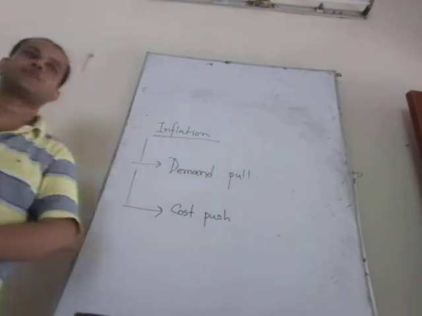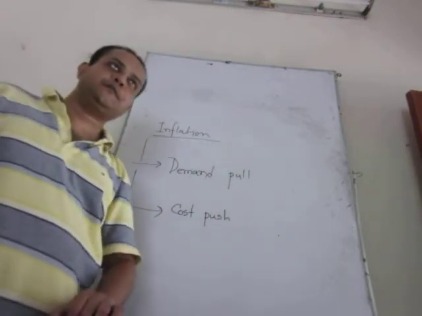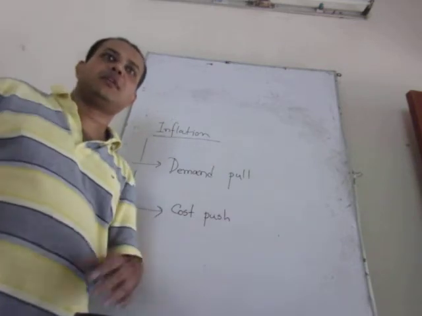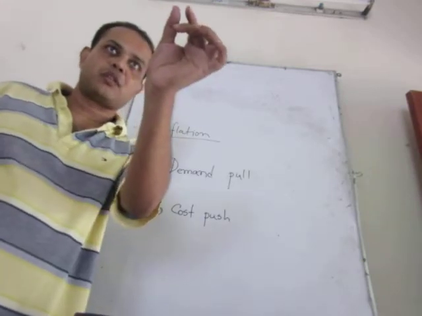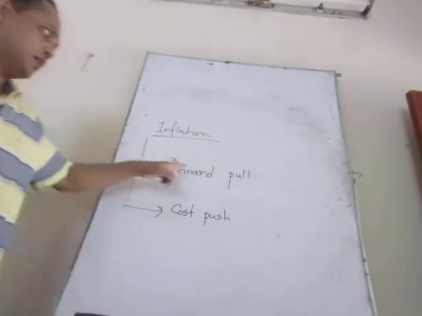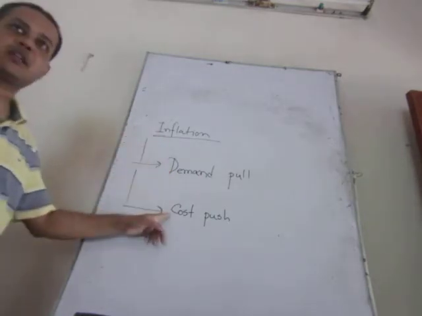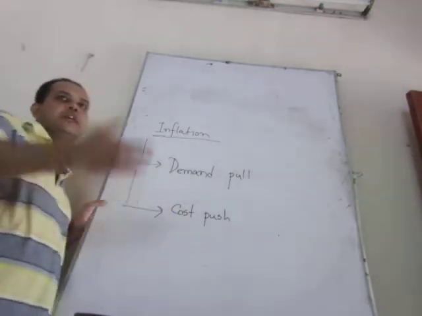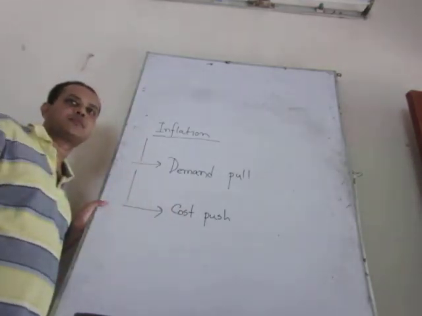But in the case of cost push inflation, it is normal that as the company is pressurized to increase the expense, the portion of profit is lowered. Here the company's profit portion is lowered. When the company's profit portion is lowered, it is obvious that the company can go for lowering the production.